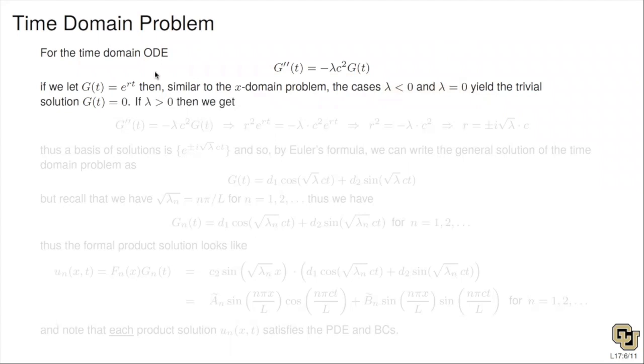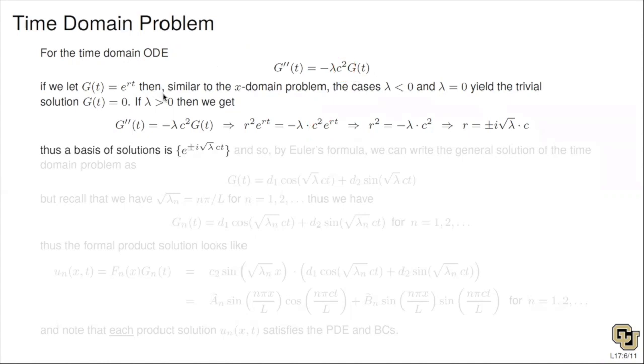So for the lambda greater than 0 case, it's just like the X domain problem. Here, negative lambda is a negative number, and so when we take a square root, I get complex roots. The only difference now is we have this extra constant C that wasn't there before. Remember, C is the signal propagation speed. C takes into account the tension and the density of the material of the string.